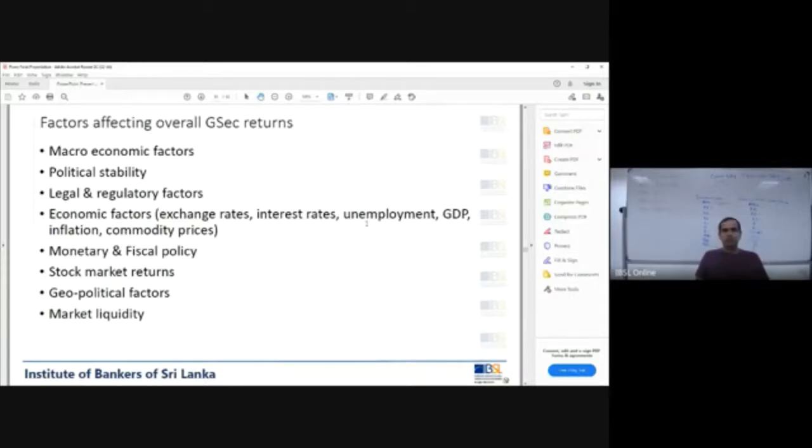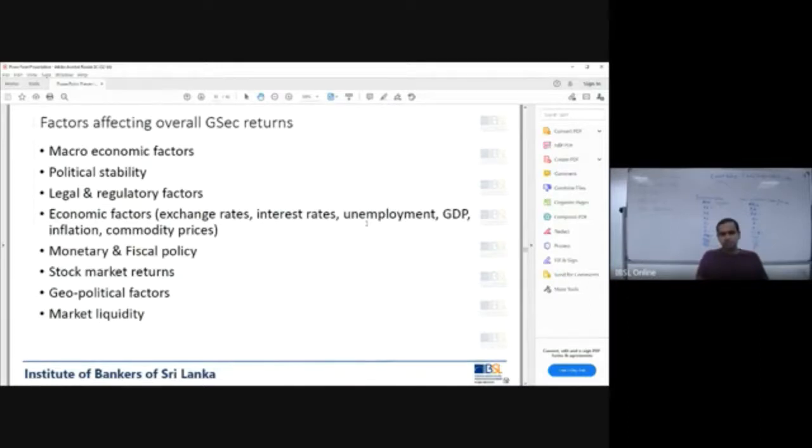All that can have an impact on interest rates. Monetary and fiscal policy. Monetary policy is where the central bank decides on interest rates. Fiscal policy is where the government decides on taxes, government income and expenditure.